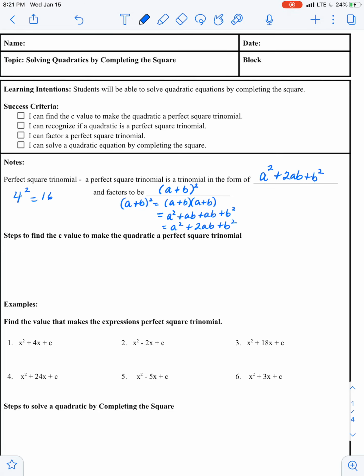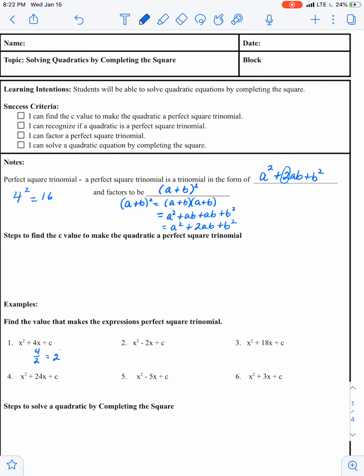So in order to find what we're calling our C value here, what you've got to look at is this 2, okay? If you have a problem like number 1, x squared plus 4x plus c, in order to find c, again, remembering that 2, we're just going to take that 4 and divide it by 2, and that's going to give us 2, and then all we have to do is square that.